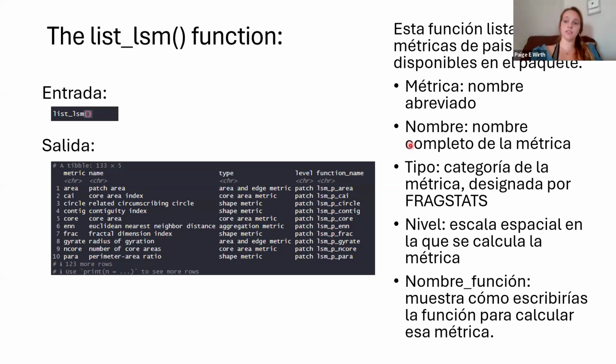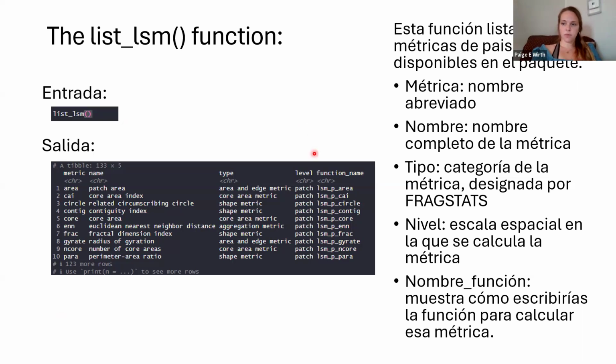If you want to see every single available metric, then you can just leave this function blank like this, and it will generate a full table. When you do generate that table, the output table will show the metric, which is this column here, and that's the abbreviated name that's used by the package, the name here, and that is the full unabbreviated name of that metric, the type, which is the metric's category, and it's organized by the type of ecological pattern that the metric describes, and that's designated by FragStats initially.